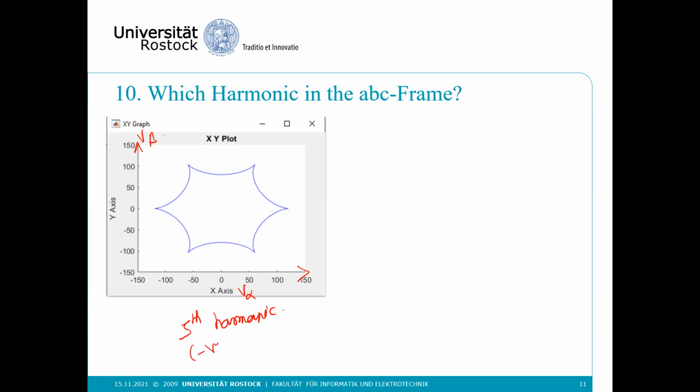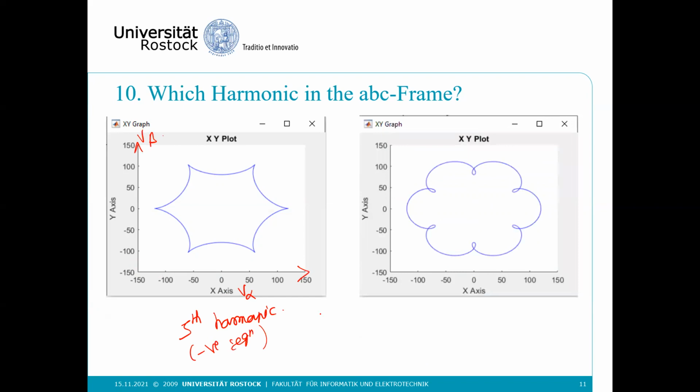And of course it is negative sequence. What about this? This is your seventh harmonic. And it is a positive sequence.